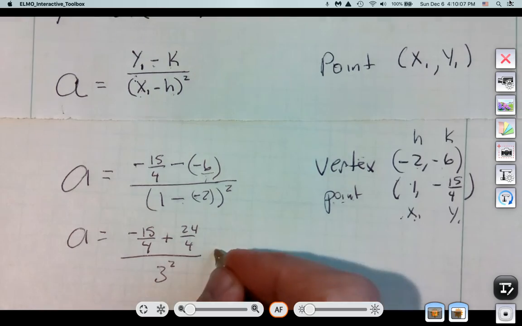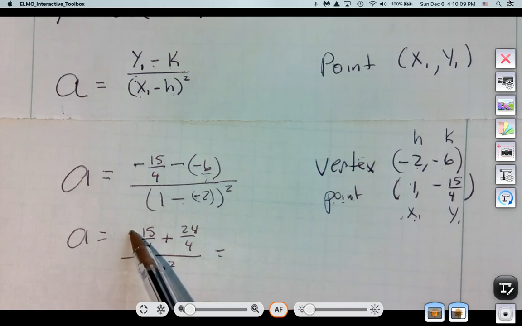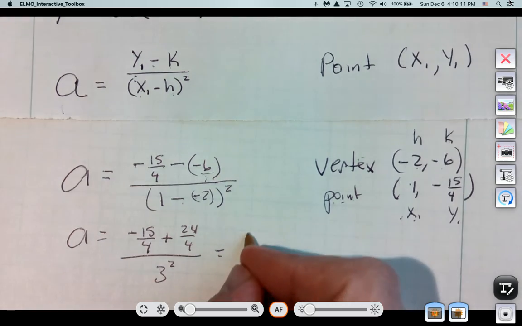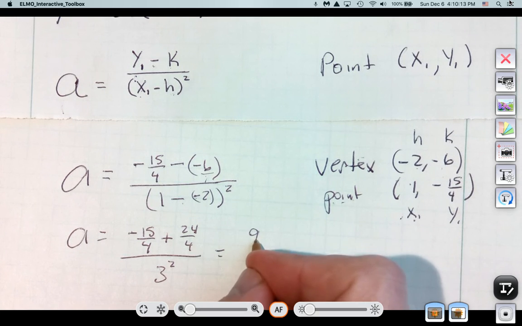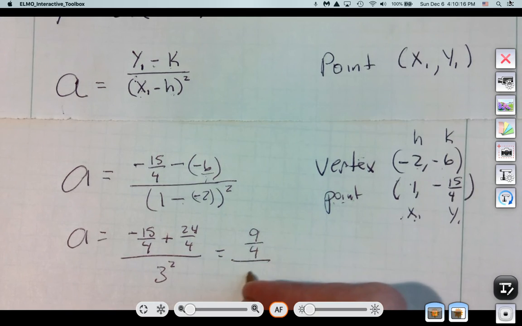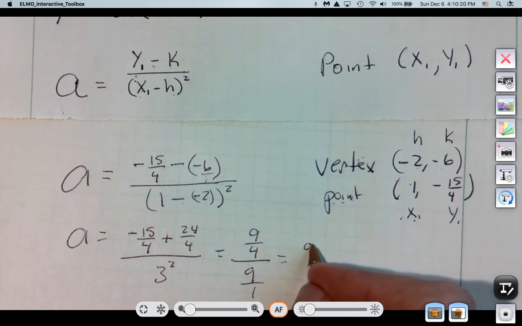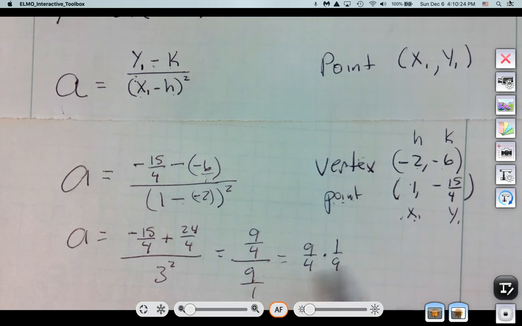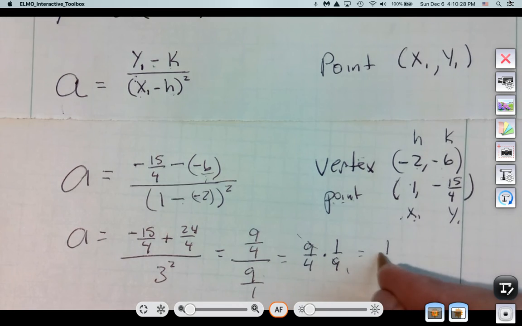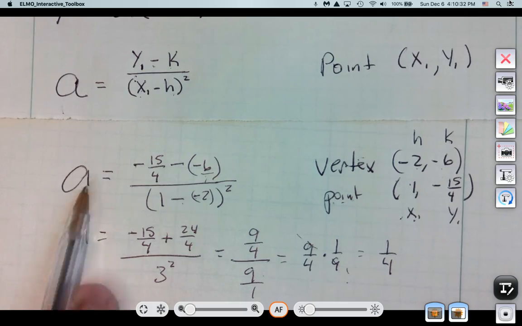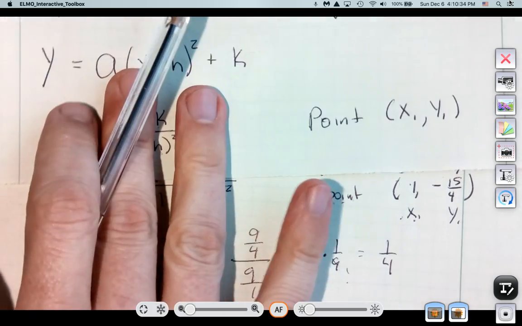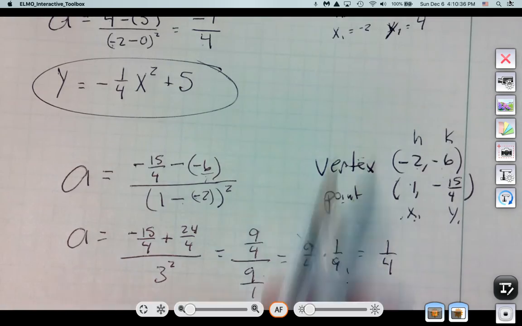So then that equals, well, 24 minus 15 is going to be 9 fourths divided by 9. Now, remember how to do your fractions. 9 fourths times 1/9, because I flipped the bottom fraction, the 9's cancel, and I get a stretch of 1/4. That's my a value.